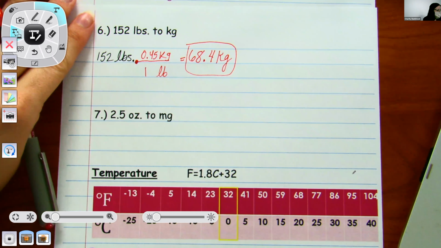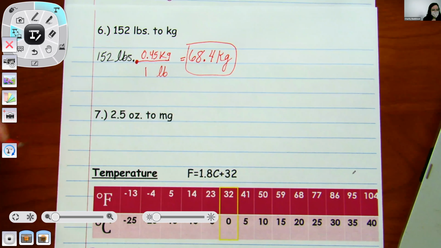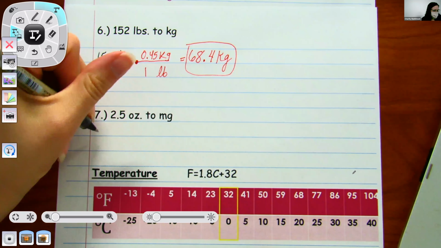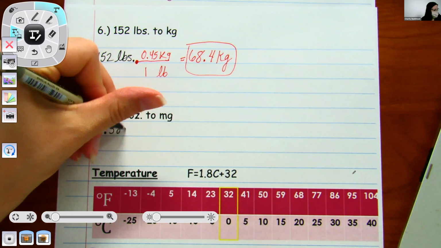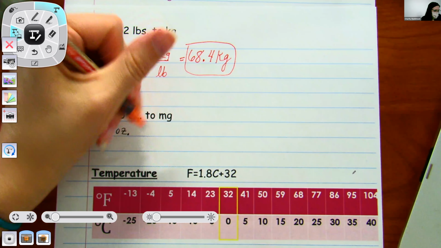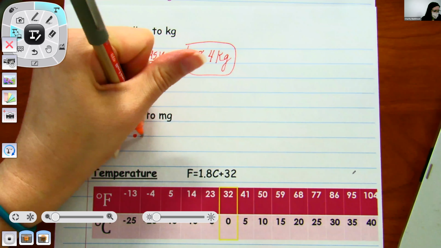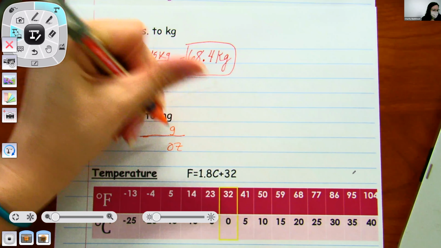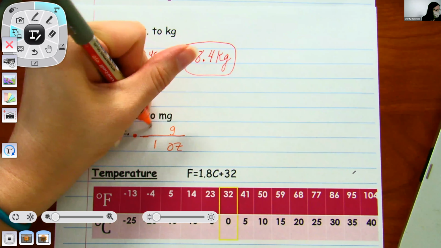Number 7 is 2.5 ounces, and we want to convert that to milligrams. We don't have a direct conversion factor, so we're first going to convert that to grams. Ounces to grams, so 1 ounce is 28 grams.